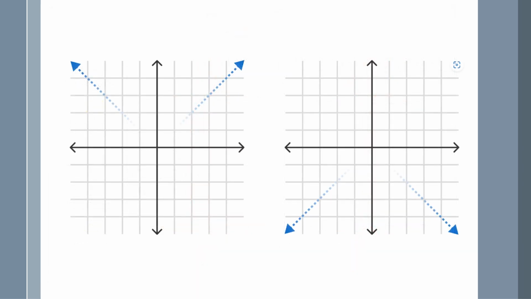So let's look at these endpoints. You see how this falls, and then it rises? That's how we know that we are dealing with an even function. But then you look here, it rises, but then falls. So that means it's a negative coefficient, even degree function.